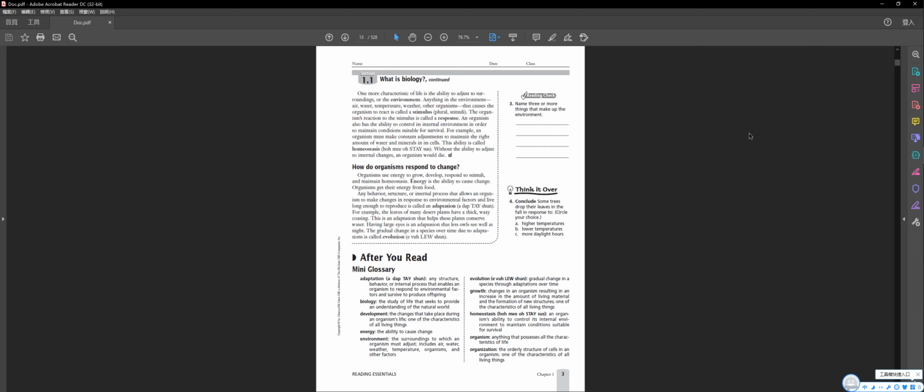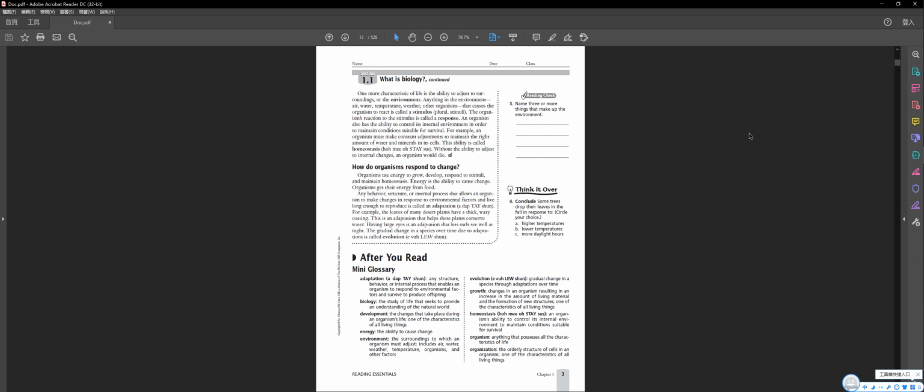Any behavior, structure, or internal process that allows an organism to make changes in response to environmental factors and live long enough to reproduce is called an adaptation. For example, the leaves of many deciduous plants have a thick wax coating.